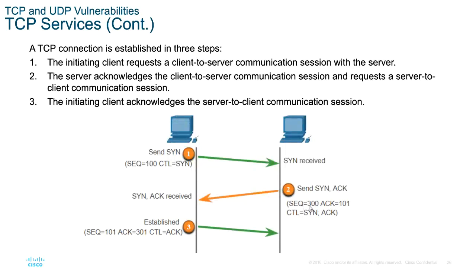So here we have client B, sequence 300. It's acknowledging, saying the next part of the conversation I expect to be part number 101. And in the control, it's sending synchronization and acknowledgement.